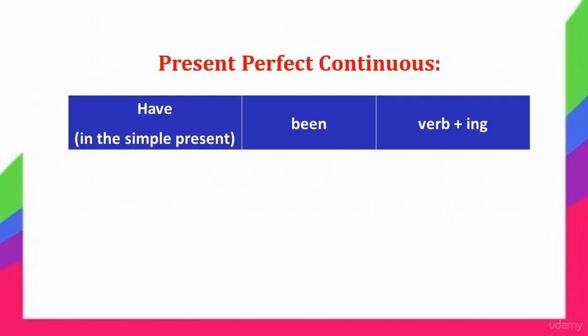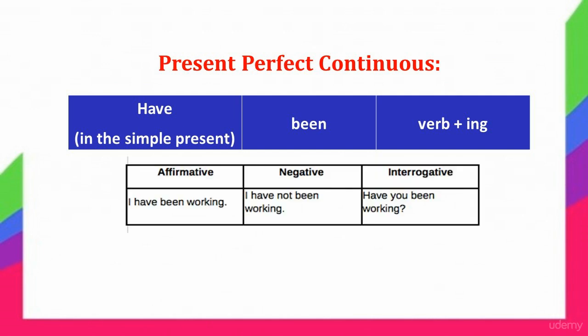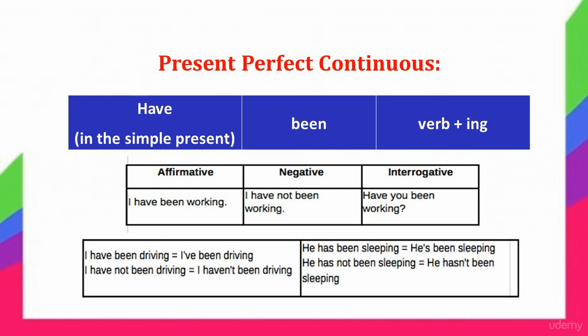Next in our list is the present perfect continuous. Have a look at this table. I have been is the short version, I've been.